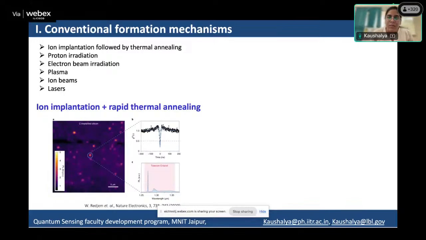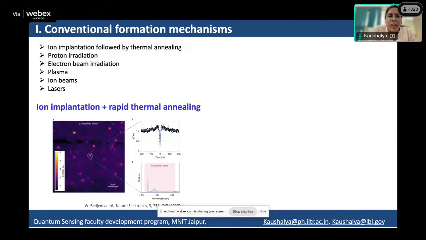So many of these defects were there in one particular position. And if you look at the emission of this kind of cluster of defects, or we also call them ensembles of color centers, that is basically not a pure single photon source. So you cannot do many quantum applications with that kind of system.